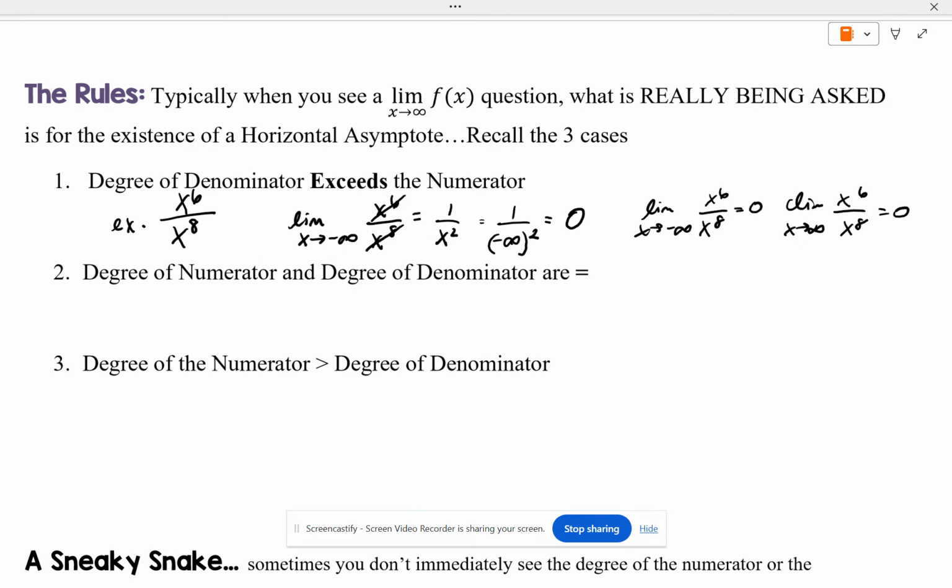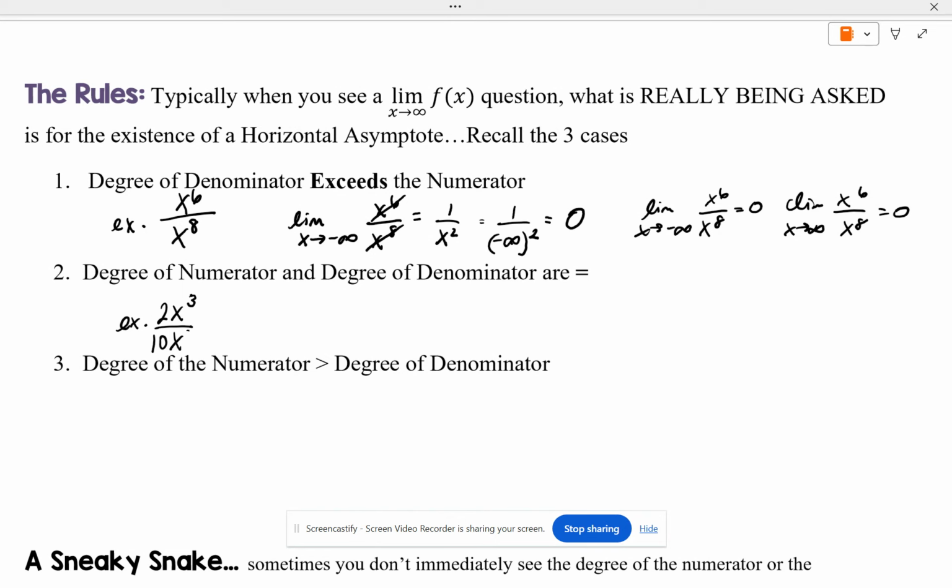Degree of numerator and the degree of the denominator are equal. Who can give me an example? X to the 3 over x to the 3. Can you give me coefficients so that I can do a little division? 2x over 10.